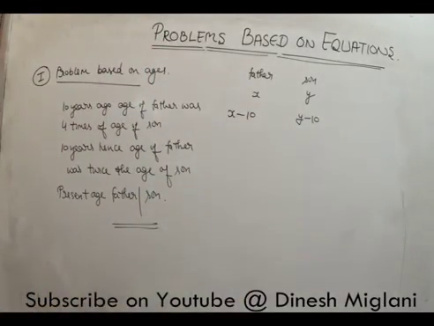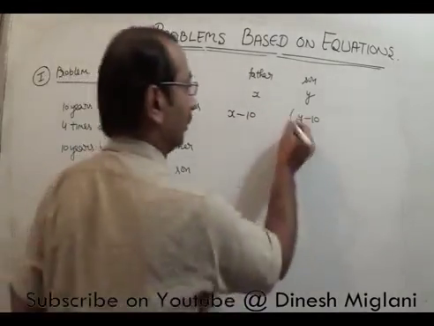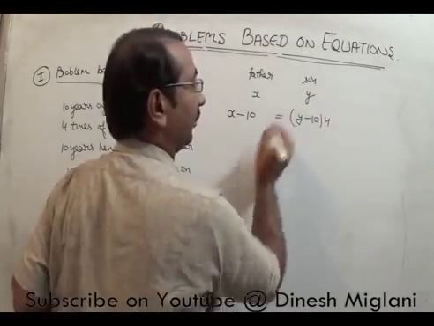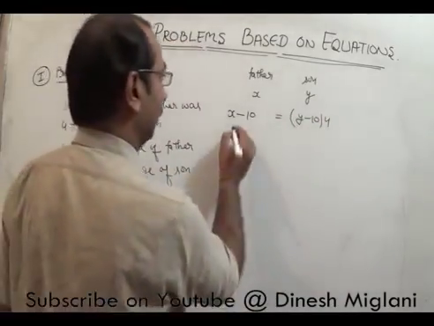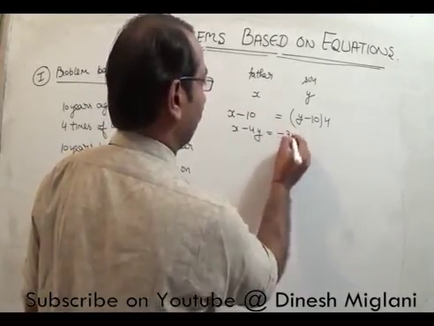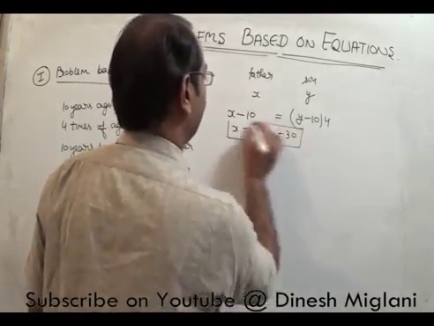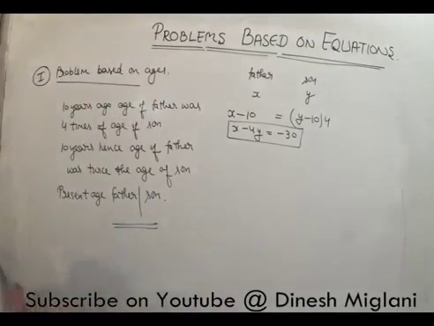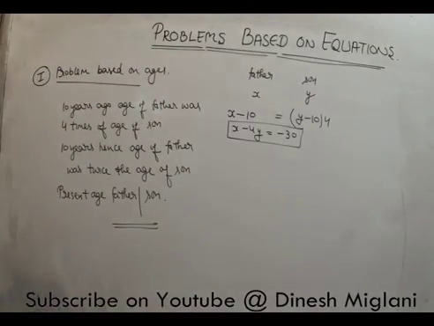It is given that the father is 4 times the age of son. We made it 4 times, both are equal. From here I can say x minus 4y equal to minus 40 plus 10, that is minus 30. That's our equation number 1. Right? In the second case, 10 years hence.